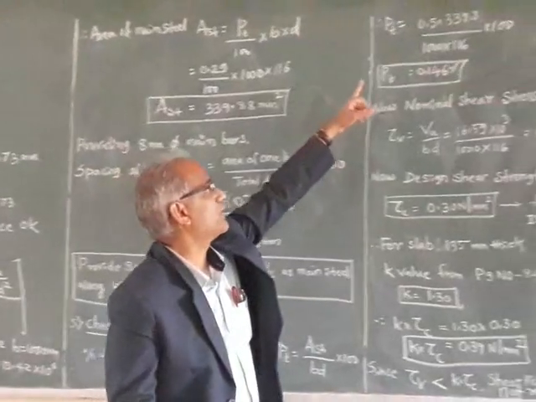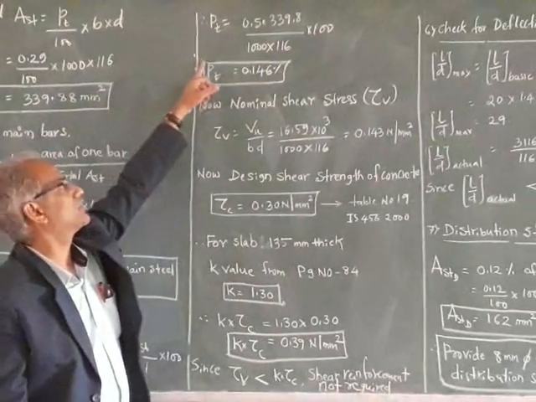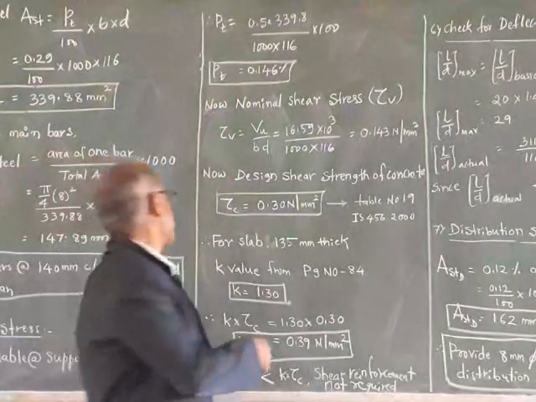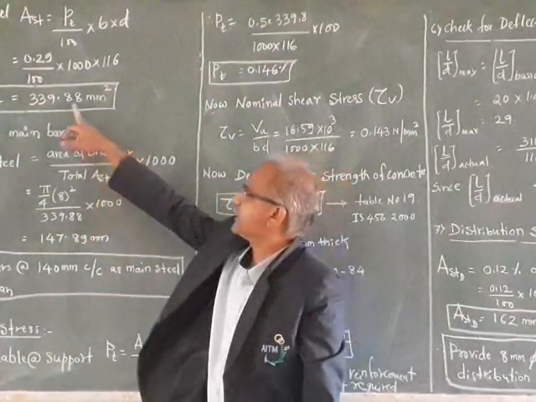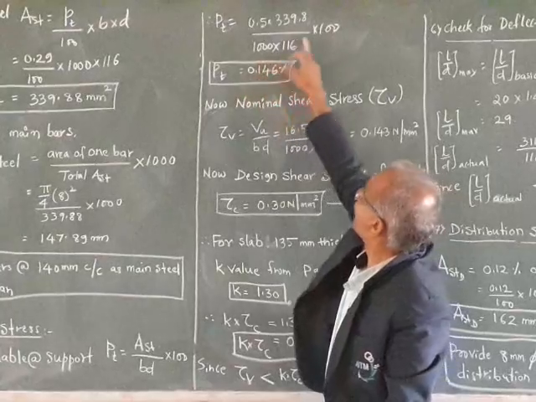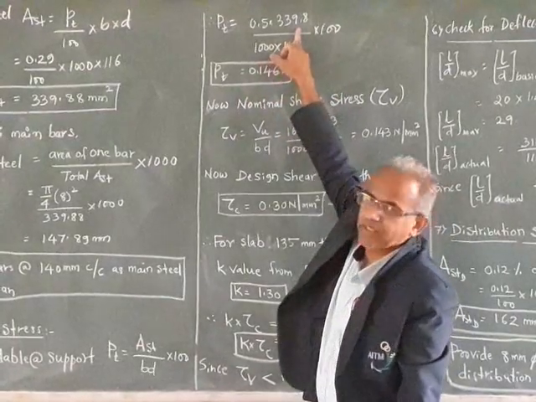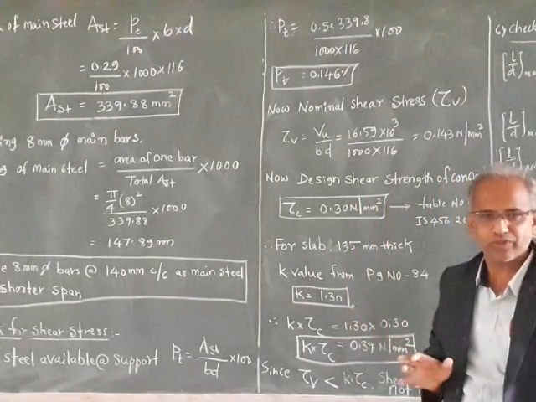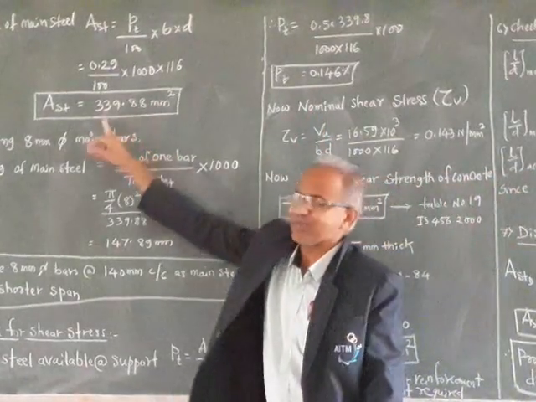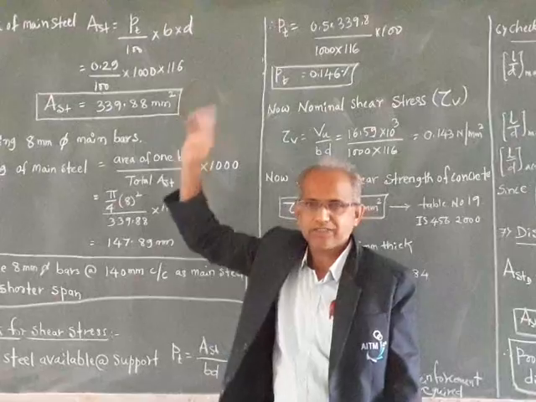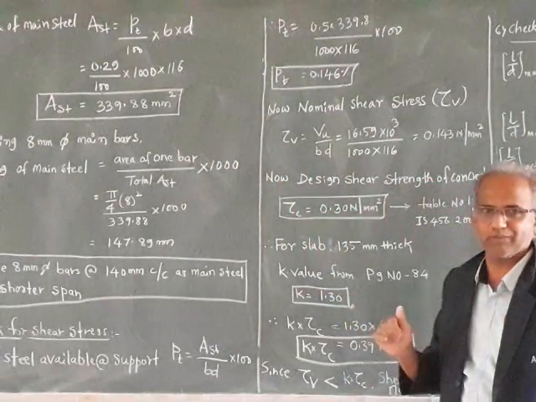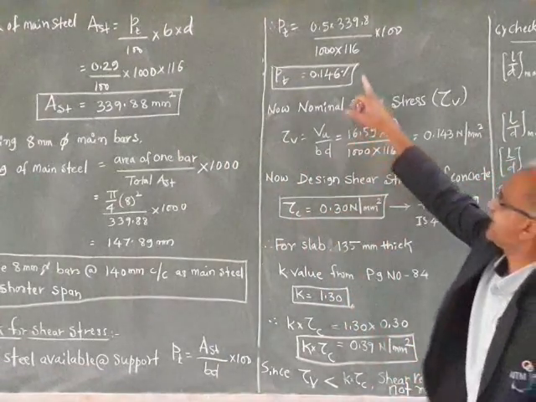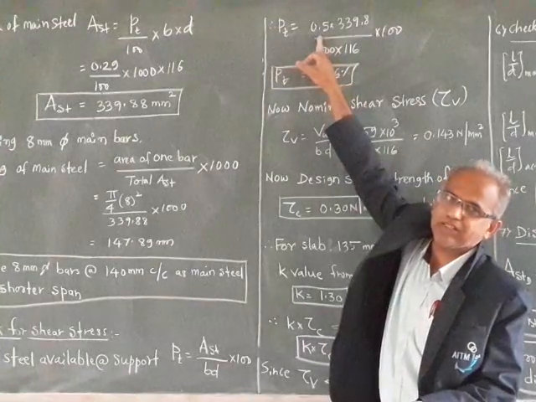Now see here, percentage pt is equal to Ast. What is Ast? Total Ast is 339.88. So I have multiplied 0.5. Means at support, not all this steel is available. At support only 50% steel is available, so that is why I have multiplied 0.5.